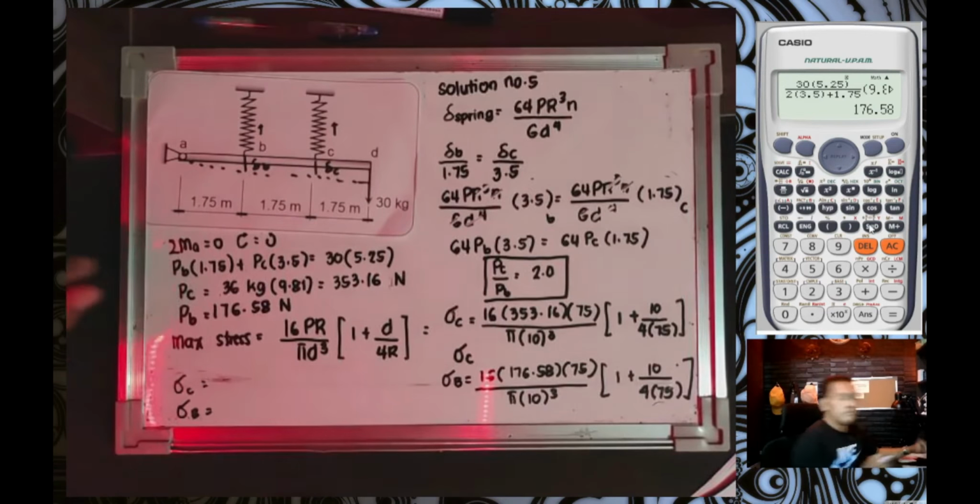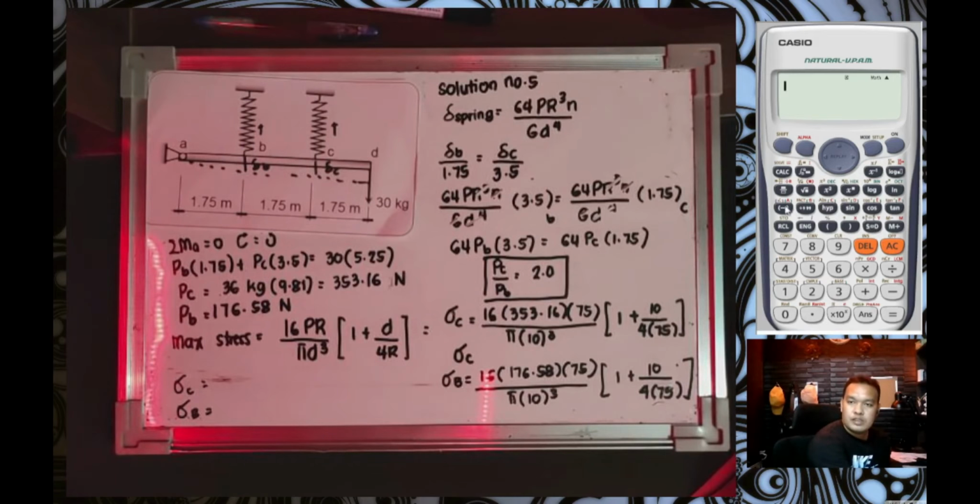Let's put it in the calculator. So we have here 16 multiplied by 353.16 times 75 divided by pi times 10 cubed multiplied by 1 plus 10 over 4 times 75.